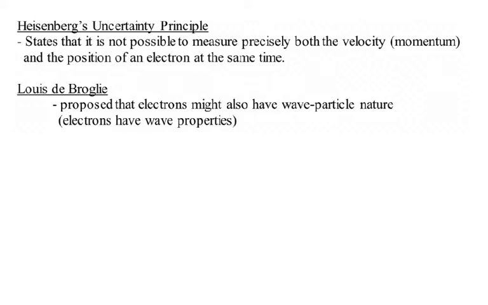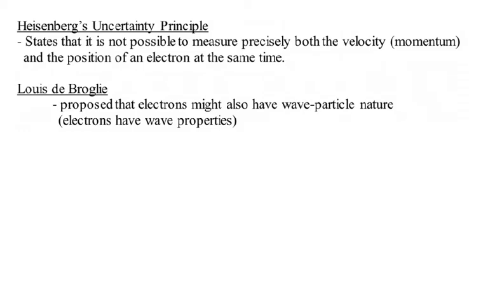Okay? And then one more principle, as we get closer to this new model by Erwin Schrödinger, has to do with Louis de Broglie. What happened was, if you recall, when we learned about light, we learned that light is both a wave and a particle.